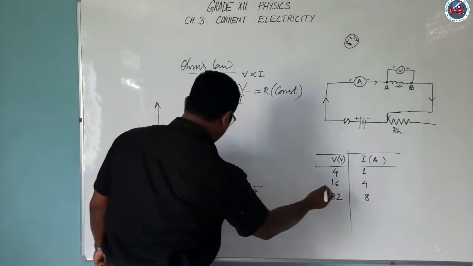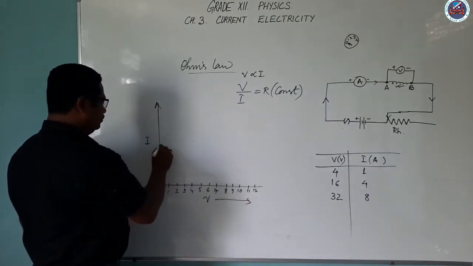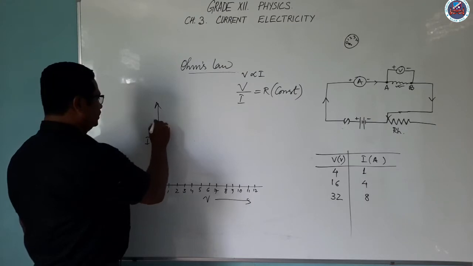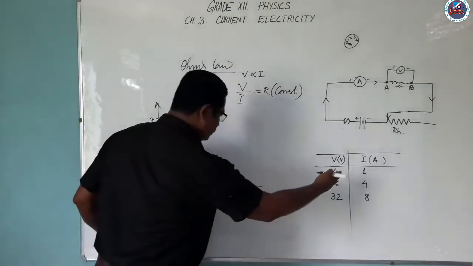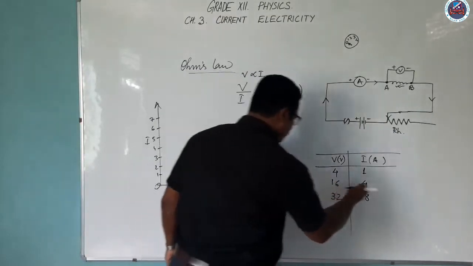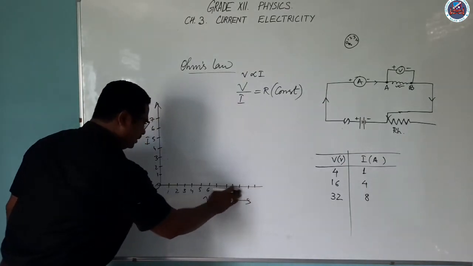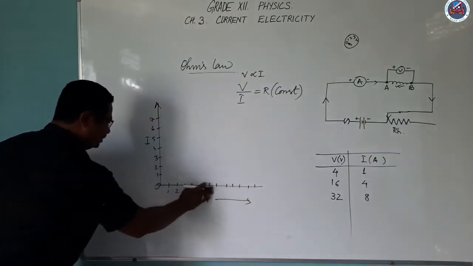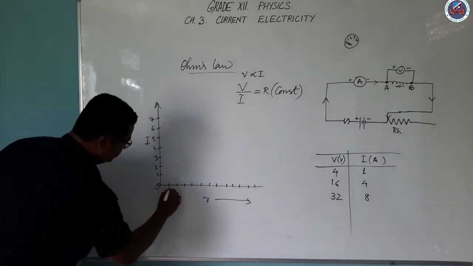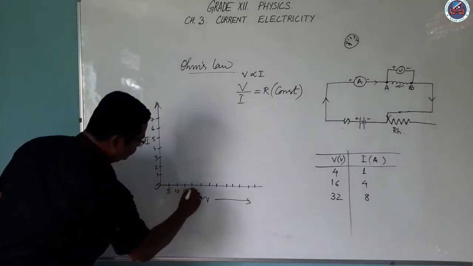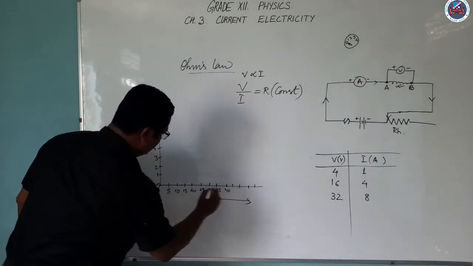Like this, if you go on plotting, this side also 1 ampere, 2 ampere, 3 ampere, up to 7 ampere. This one I am going to change now because it has become too long. To get up to 32, I would have to go across the tables. So you can change the scale. First 1 centimeter, you can take it as 5, 10, 15, 20, 25, 30, 35, 40. Like that you can take them here.